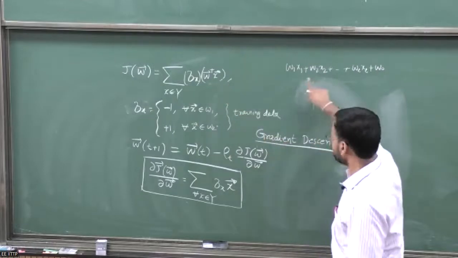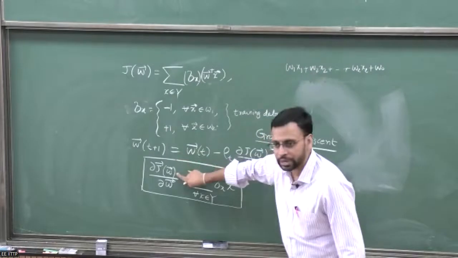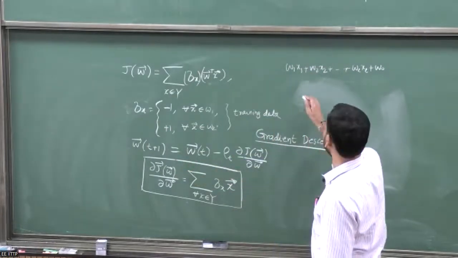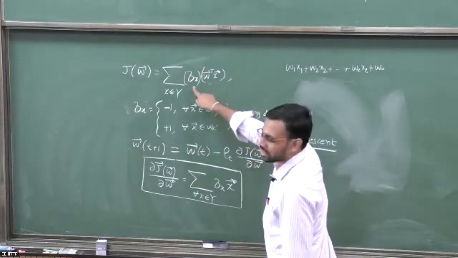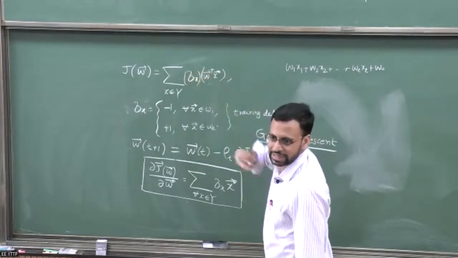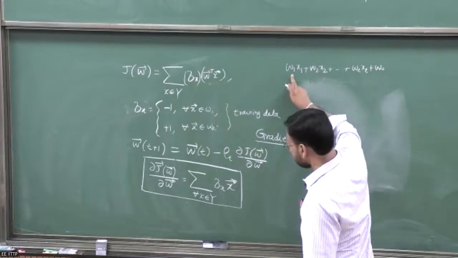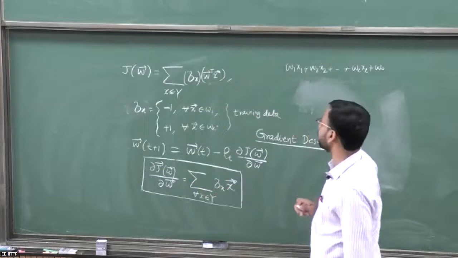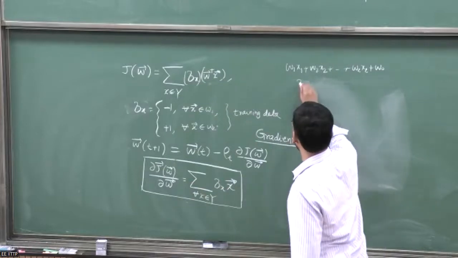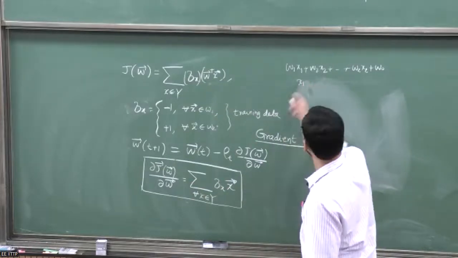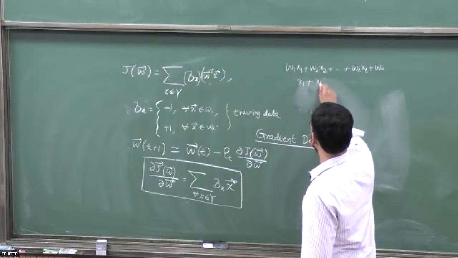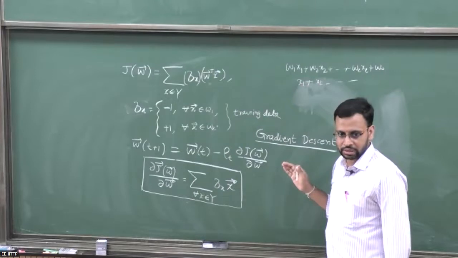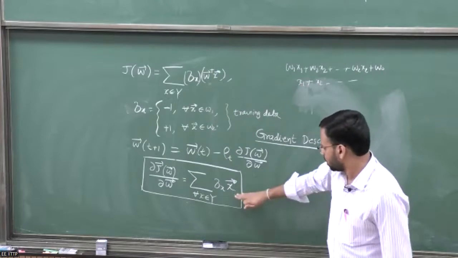Now your dou J by dou w bar, when you are doing it for the first element, of course there is this delta x, minus or plus, let it be there. But if you are taking the derivative with respect to w1, what do you get there? x1. Very good. Is that clear?